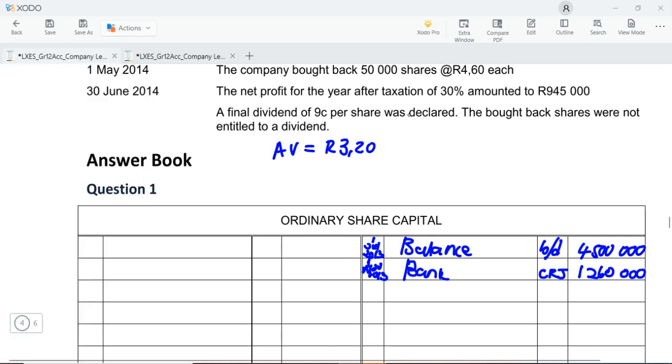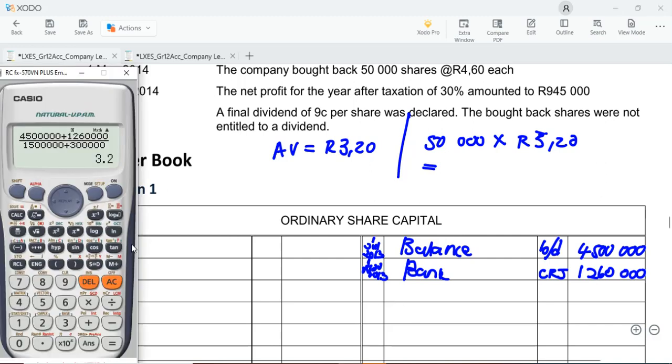So what we're going to do then, we're going to say 50,000 multiplied by R3, and then it will give us the money that we had to pay to those people using the money that we've earned from the shares that we issued.